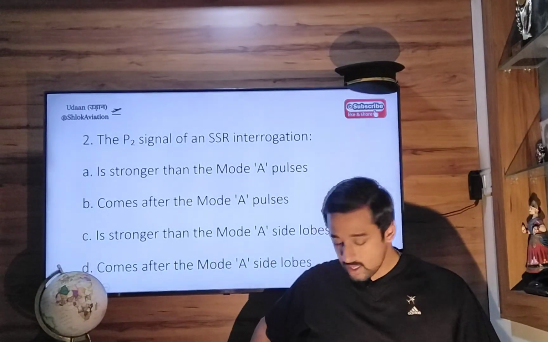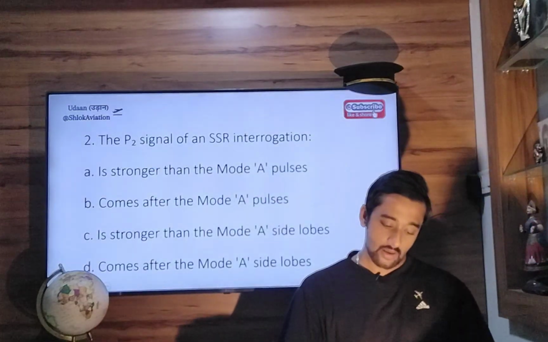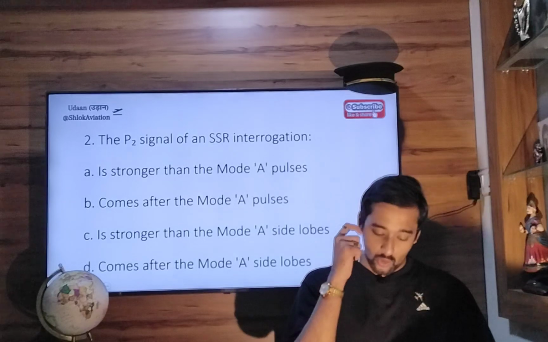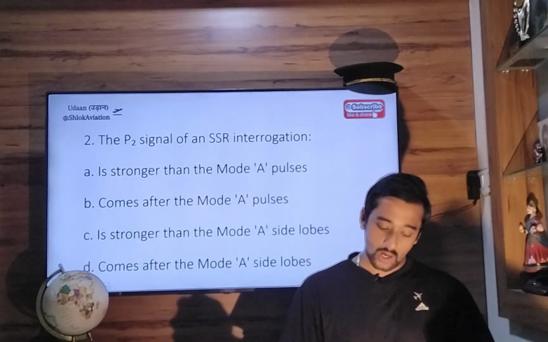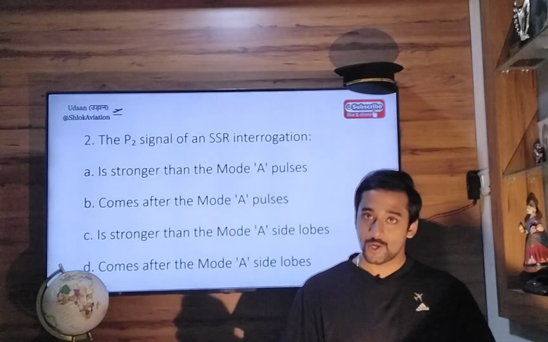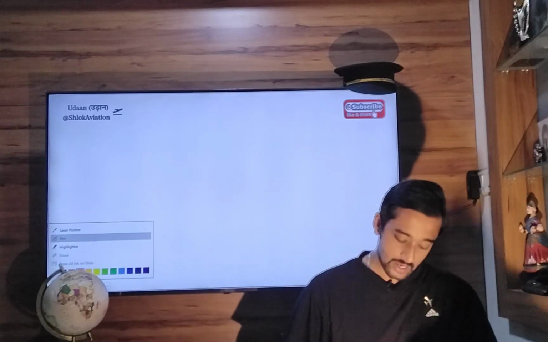Question number 2. The P2 signal of an SSR interrogation is stronger than what? Is stronger than the mode A pulses, comes after the mode A pulses, is stronger than mode A side lobe, comes after mode A side lobe. Very important question. Now understand, let's say this is your aircraft.